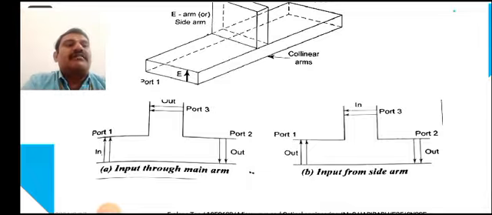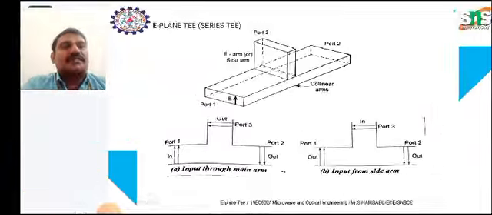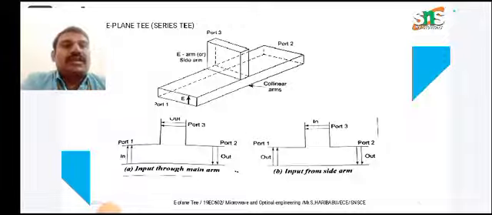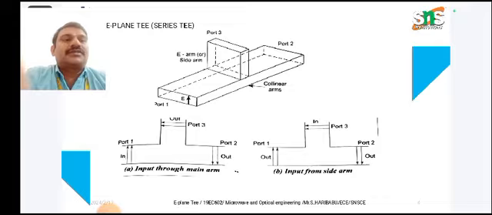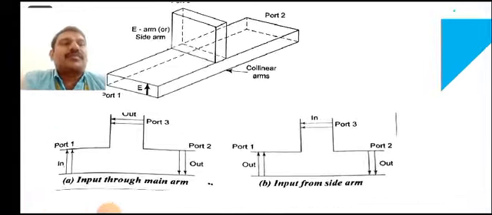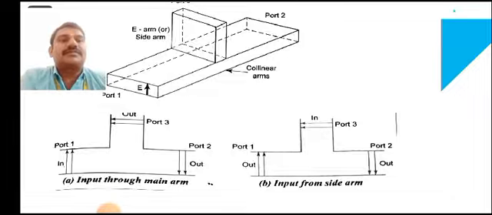Similarly, from the side arm, port 3 is the input and ports 1 and 2 are the output sections. Here you can see how the input passes, and the outputs will be out of phase with each other. For example, with input from the side arm, output port 1 is one phase and output port 2 is the other phase, that is out of phase to each other.